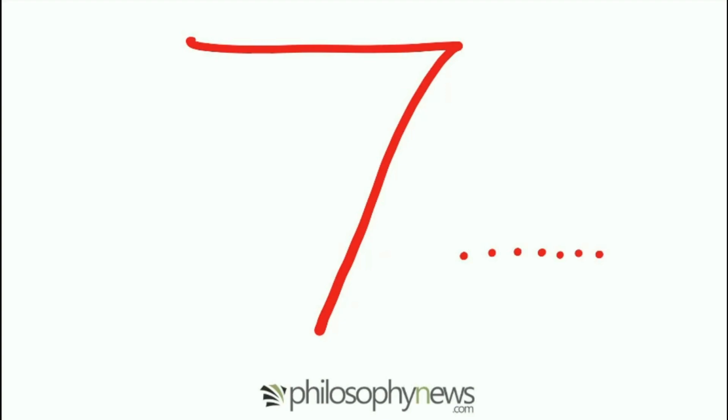And we can represent the number 7 in a variety of different ways and in a variety of different media. So this distinction is called a distinction between an abstract object, the number, and the representation or the symbol of that abstract object, the numeral.